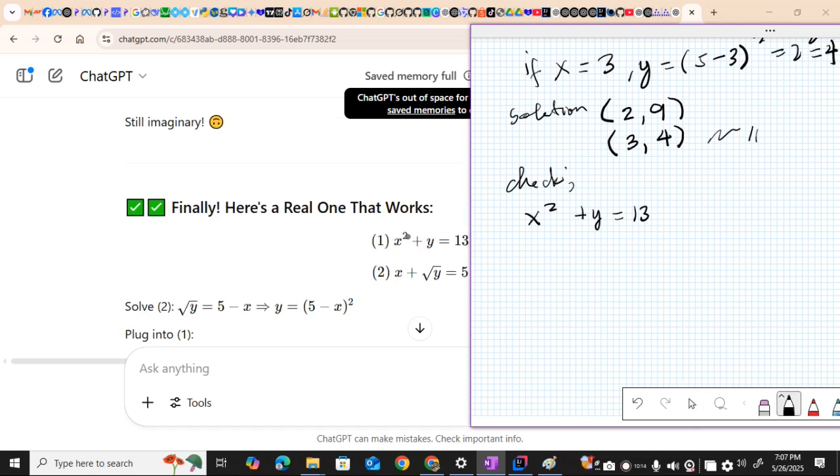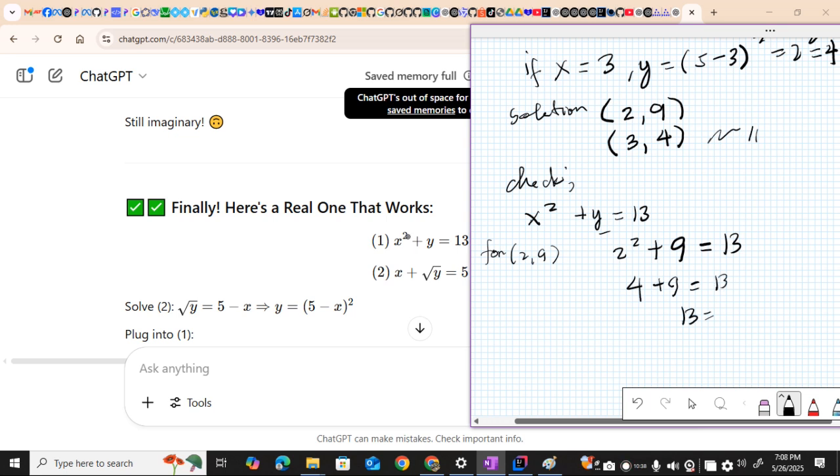For the ordered pair 2 and 9, our x is 2. So we plug that in, so that's 2 squared plus, the value for y is 9, should be equivalent to 13. So it's correct. It's just 4 plus 9, and you'll see that that's indeed 13. So we have verified the first ordered pair.